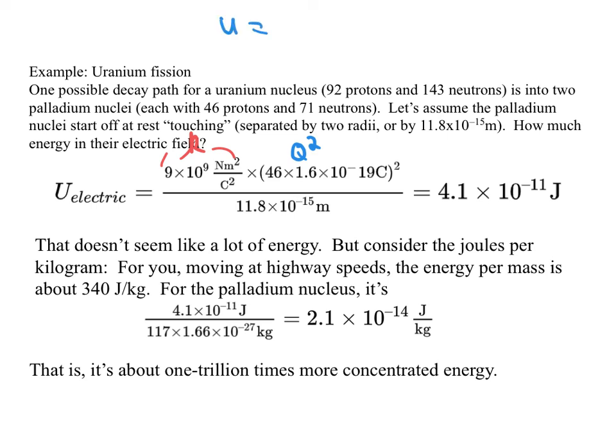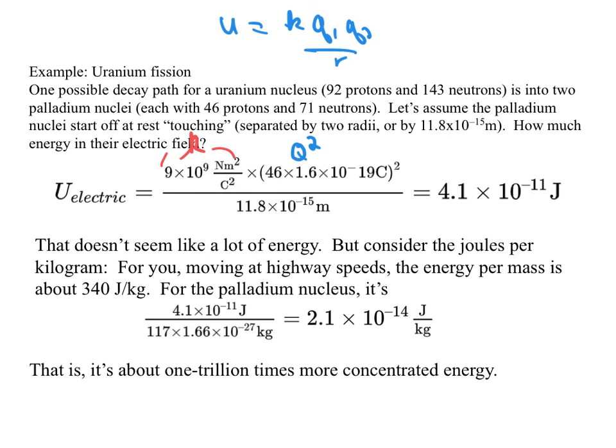The energy is K, Q1, Q2 over R, but since the Q's are the same, we can just square it once, and we get 46 for each palladium atom. We get 46 charges, and then we square it. And likewise, down here we put the R, which is that, basically. And we get something like 4.1 times 10 to the minus 11 joules.